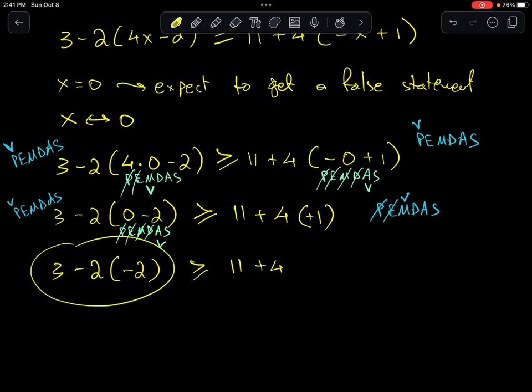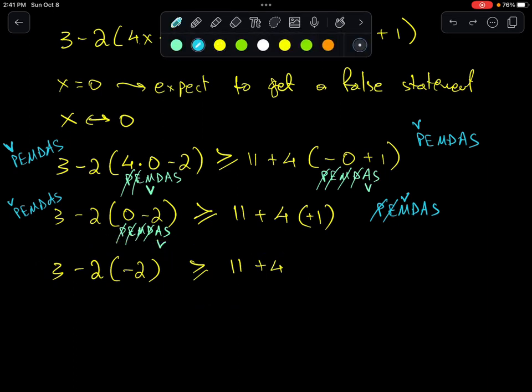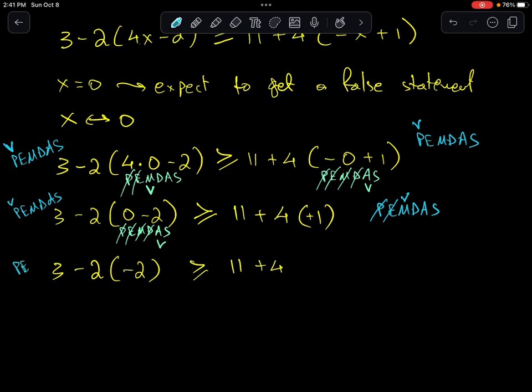Let's see what happens on the left. We need the new PEMDAS. Let's start with parentheses. I have a parenthesis, nothing to do, so not really. Exponents, no. Multiplication, yes. So I'm going to do the multiplication.